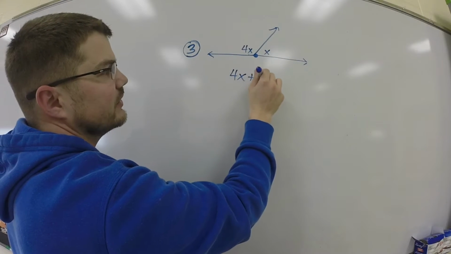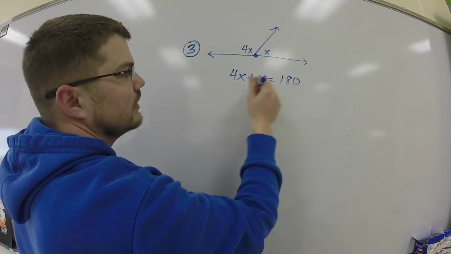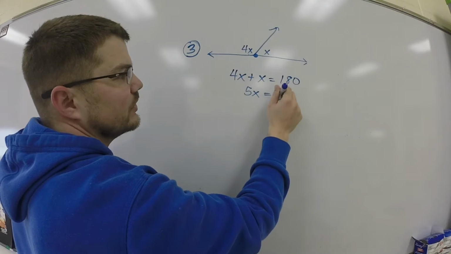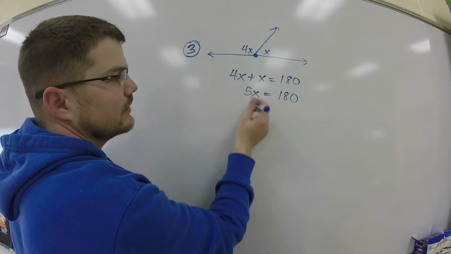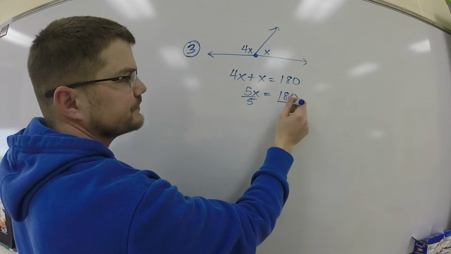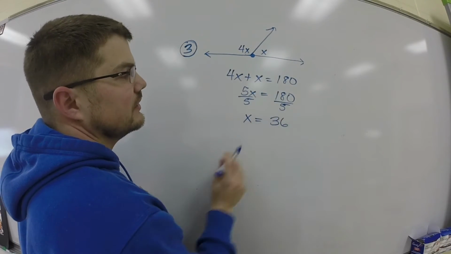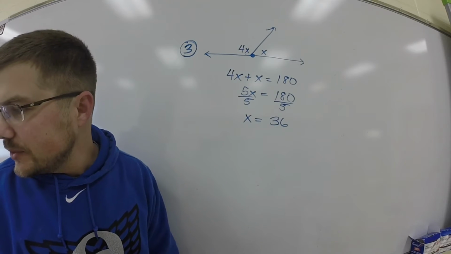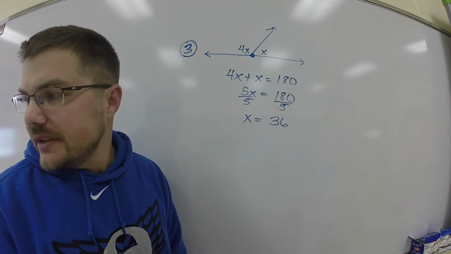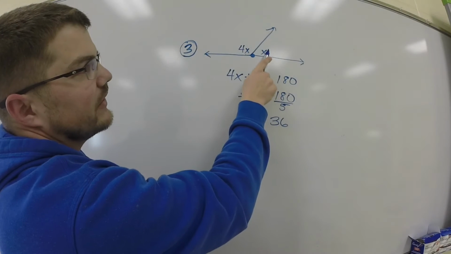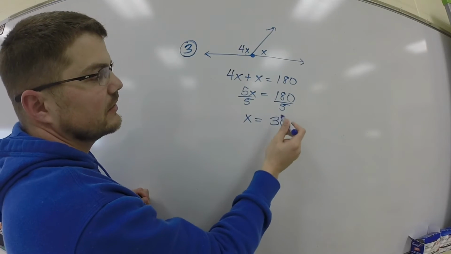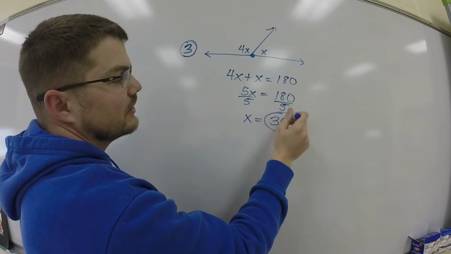So 4x plus x equals 180. That's 5x equals 180. Divide by 5. That's going to give us x equals 36. And the question wants to know what's the measure of the smaller angle, which is that one, which is just x. So my answer is 36.